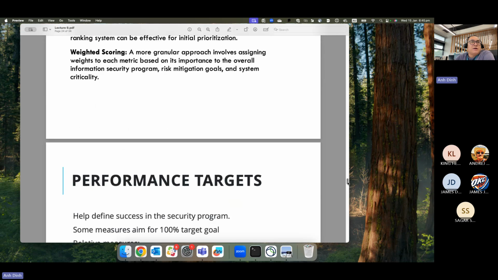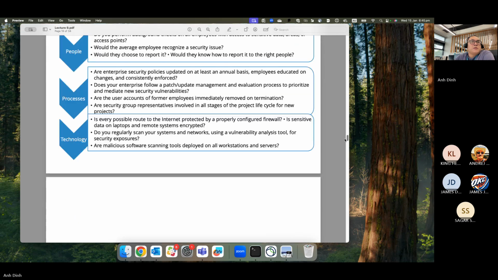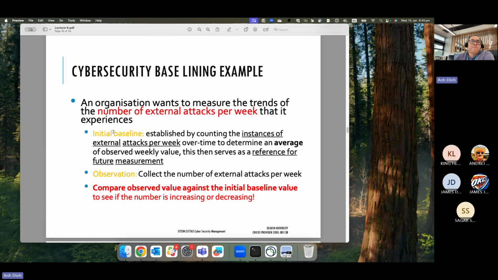Going back to our example, the number of external attacks per week is raw data. It's what you collected from some system, like from the intrusion detection system, for example. So this is the raw data, and this is the measures. And the trend, like whether this number is increasing or decreasing, can be used as a metric, right?